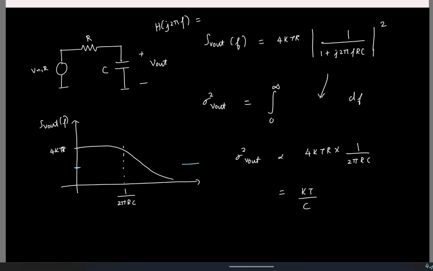Meanwhile, the power spectral density also halves, so the overall area doesn't change. Whereas if you scale the bandwidth by just scaling the capacitance value, the low frequency power spectral density doesn't change. It is 4kTR, but the bandwidth just does this. So you'll have higher or lower noise depending on how you scale the capacitance. Okay.